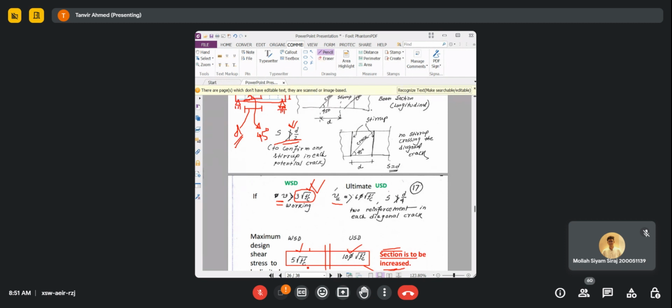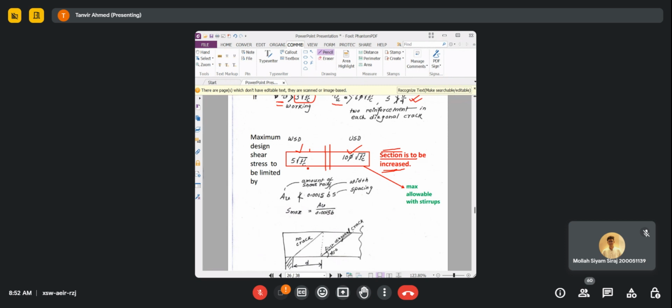If your shear stress is less than 6 phi square root of FC prime in case of USD, you can provide a maximum spacing of d by 2. But if they exceed these values, then the maximum spacing you can provide is d by 4. So this is one maximum spacing, this is another maximum spacing that we have found for 2 different conditions.